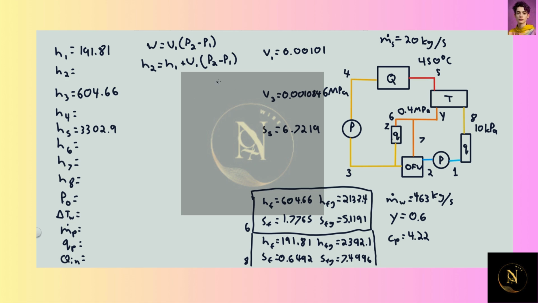So we have all of these things: H1, V1, P2 is 0.4 megapascals, P1 is 10 kilopascals, so we can calculate H2, which is equal to 192.20.